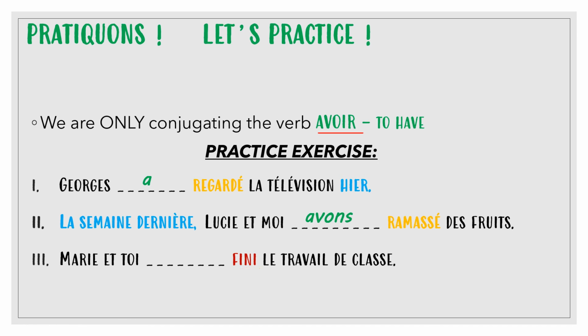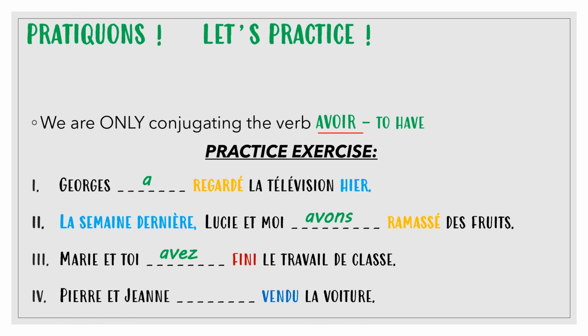So finir, to finish. You and Marie, vous avez fini le travail de classe. You and Marie have finished the classwork. Alright? Are you with me? Let's look at one more.